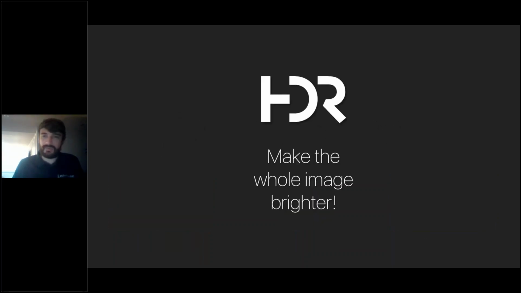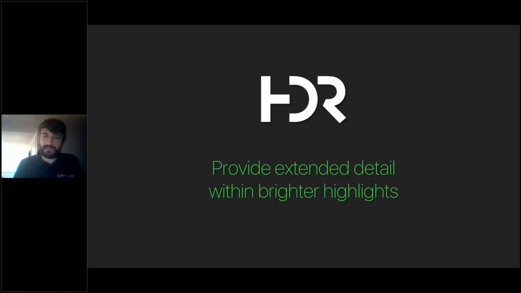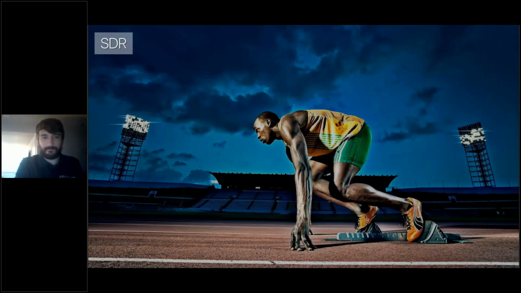So some people might think that HDR is just making the whole image brighter. That's not correct. It's actually about providing the extra headroom to highlight details. So if we take an example here, we've got this picture of Usain Bolt in SDR.